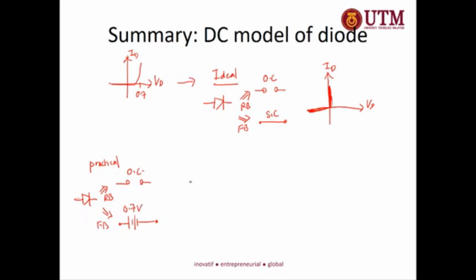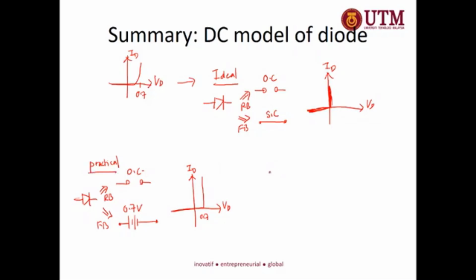Here the IV will look like this. The current is 0 at negative voltage, and after we arrive at 0.7 there will be an increase of current. So this is the practical model.